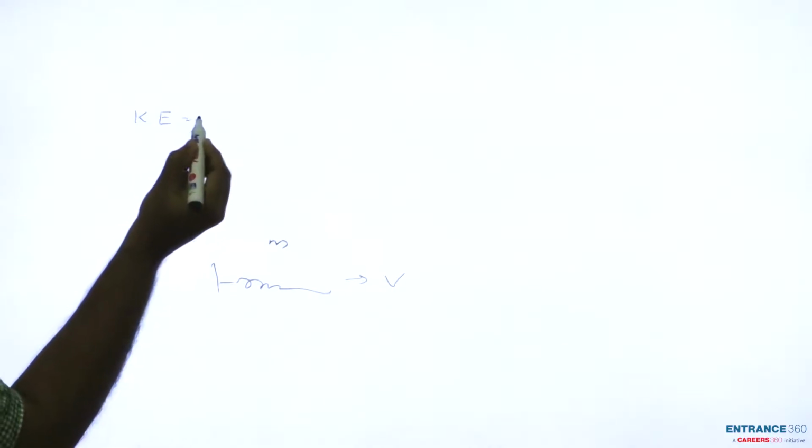So we know that kinetic energy is given by the formula half mv square. Now this is a uniform spring. Let's say the mass per unit length of the spring is M by L. For a small portion dx, the mass will be M by L into dx.